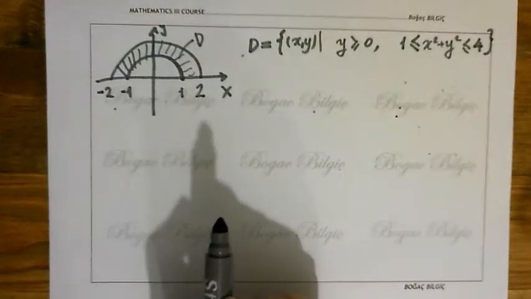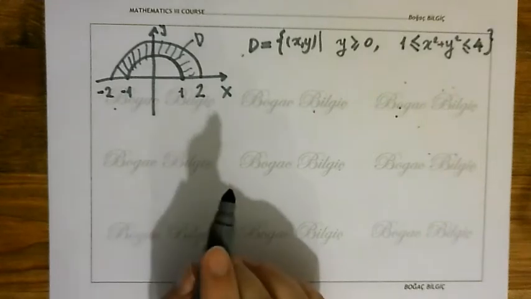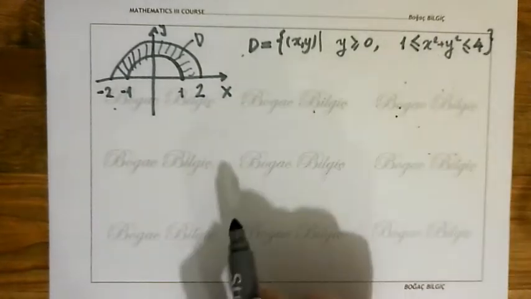This area. This is Cartesian coordinates.